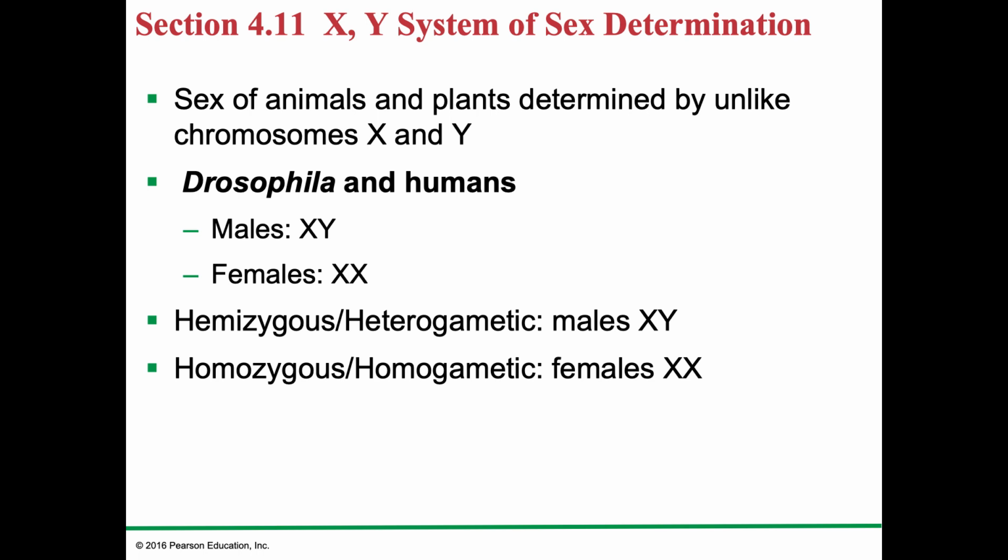Females who have a mutation on their X chromosome should have a backup. So that's why things like hemophilia and color blindness are all much more common in males than in females, because males inherit one bad copy from their mom, but females can maybe have a good copy to compensate.